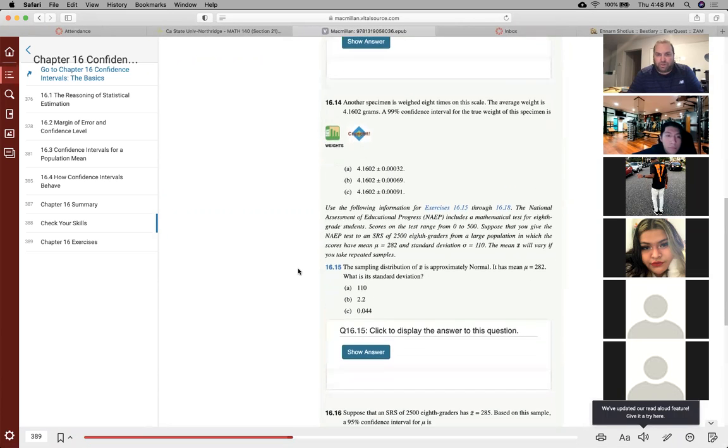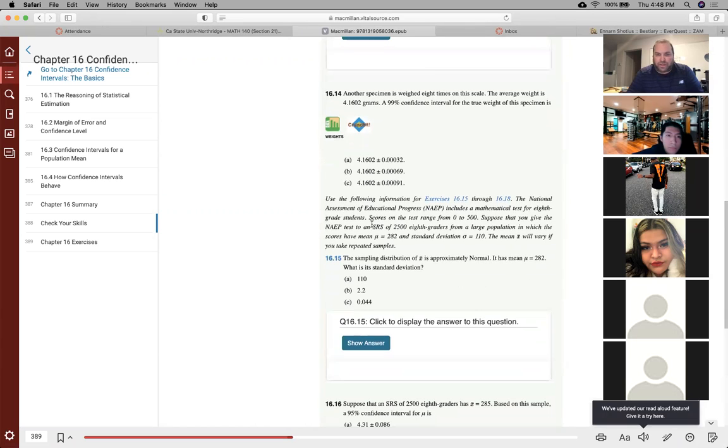Okay, so let's do another one. Use the following information for exercises 15 through 18. The National Assessment of Educational Progress includes a mathematical test for 8th grade students. Scores in the test range from 0 to 500. Suppose we give the NAEP test to an SRS. Ooh, SRS, that's one of our conditions, so that's nice to see.